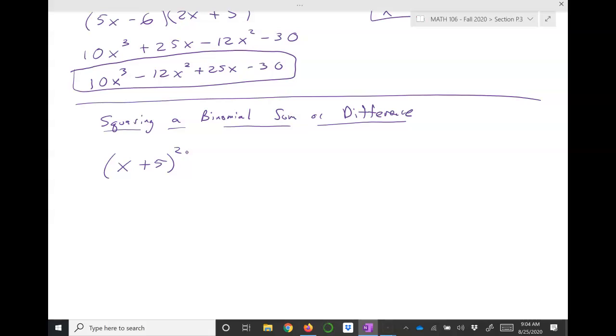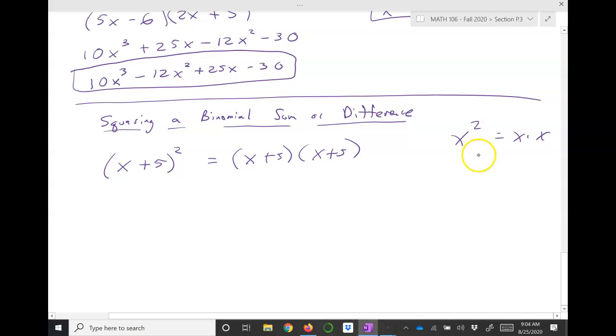I'm not even going to show you the way the book does, just because I think there's a much easier way. If you see this, isn't that the same thing as x plus 5 times x plus 5, right? If you have x squared, that's just x times x. Now, instead of being a single variable, the x plus 5 term is the variable.